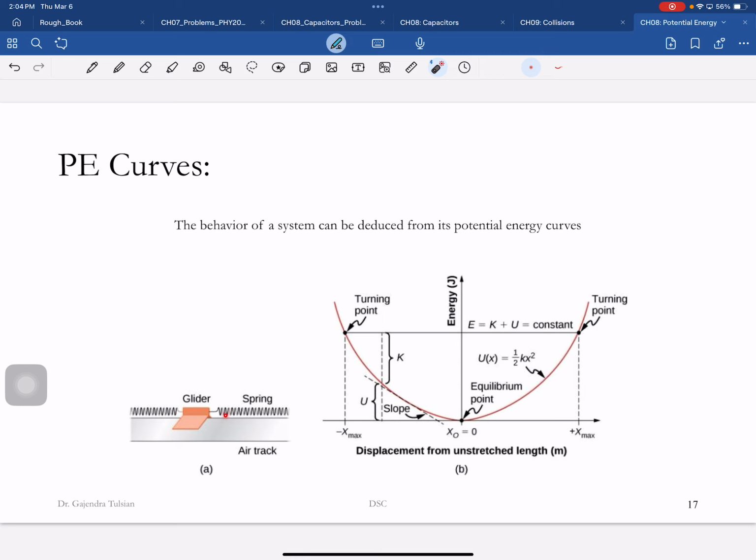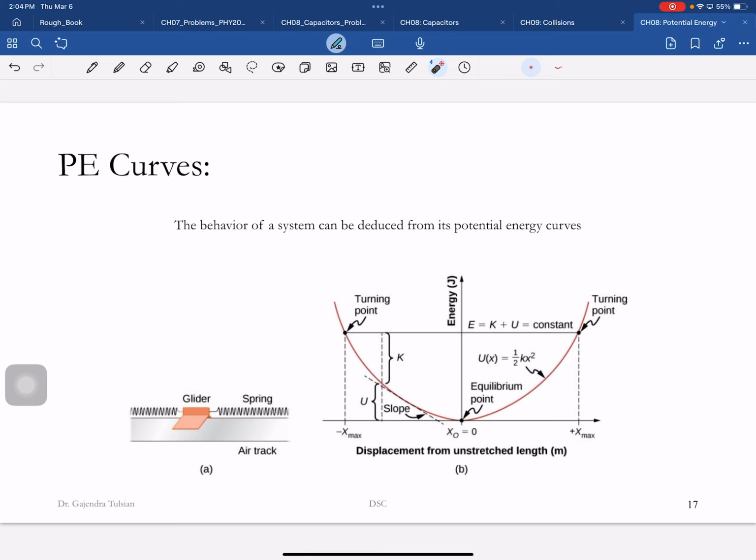Yeah, so if you push it this way, this spring will pull on it, this spring will push on it. It'll try to bring it back to this side. If I push it to this side, this one will push on the right and this one will pull back on the left. Okay? So if you look at the potential energy of this mass when it's over here, this is the potential energy curve.